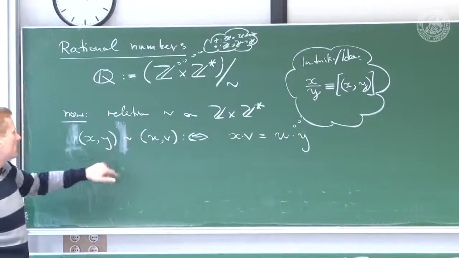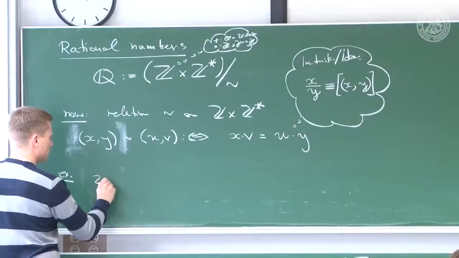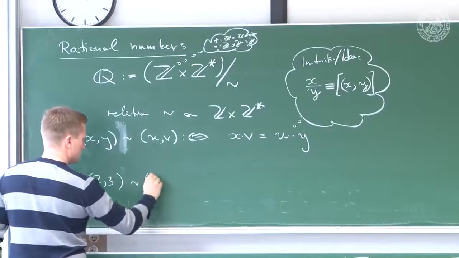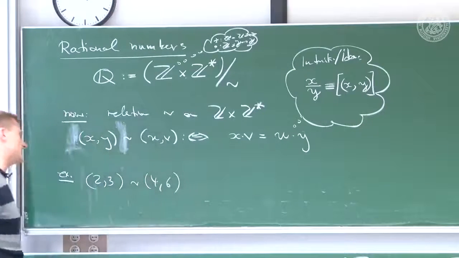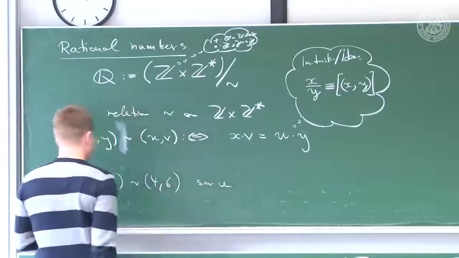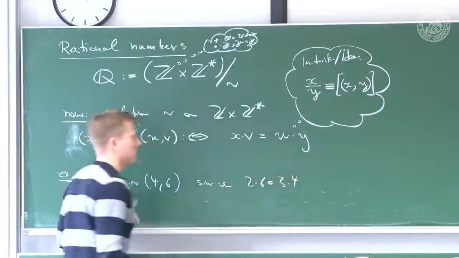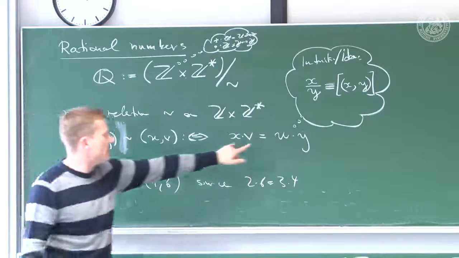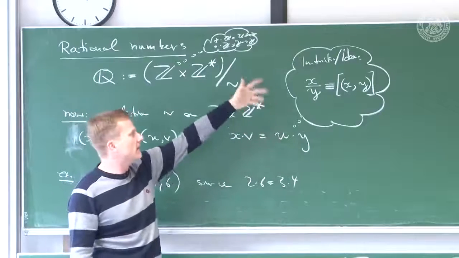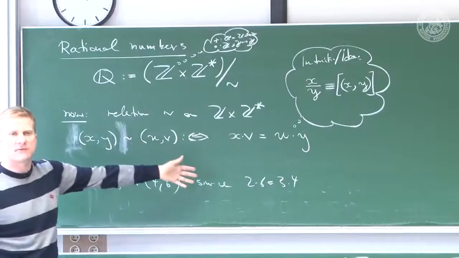Because obviously, for example, the fraction 2/3 is the same as the fraction 4/6, since 2 times 6 equals 3 times 4. So this implements the rule that by extending the fraction or cancelling factors, you have the same fraction.